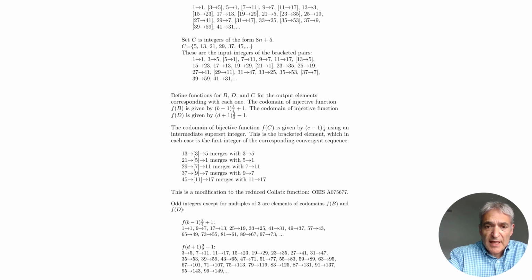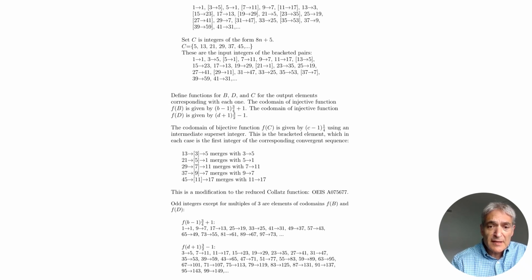Input 29, output 11 has an intermediate integer 7. And we know this because input 7 equals output 11. Input 37, output 7 has an intermediate superset integer 9. And we know that input 9 equals output 7.